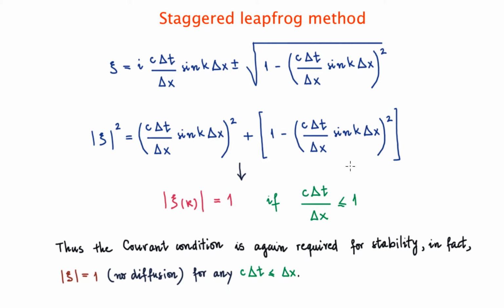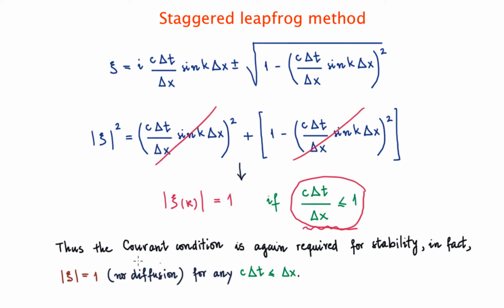But if this is a real number, then the modulus of eta will be just 1, because these contributions cancel each other. So it would be 1. Therefore, if this condition is satisfied, if we do have the Courant condition, then the method is stable.